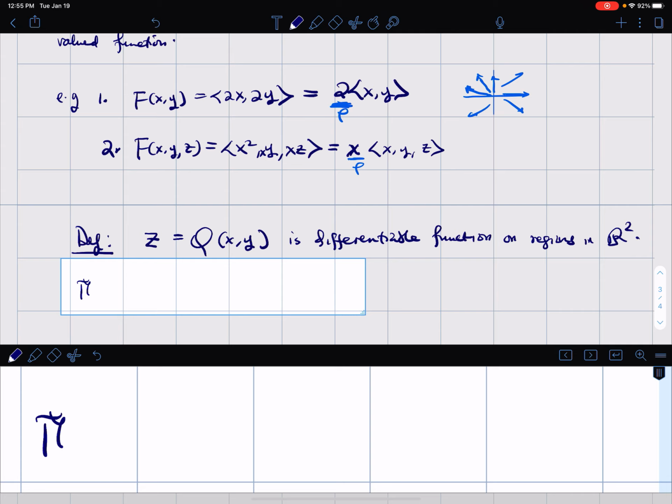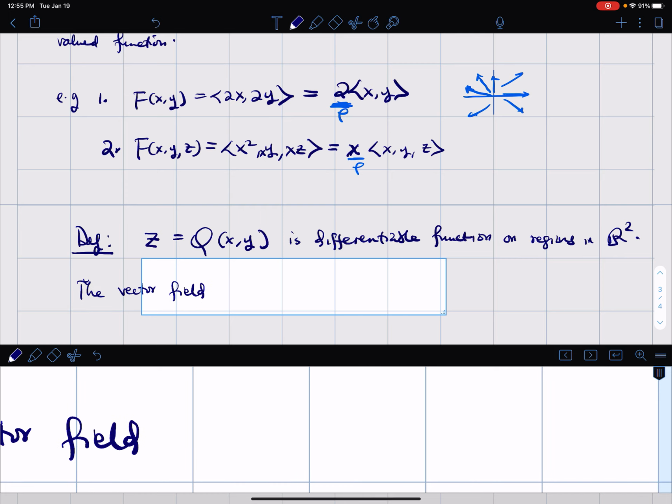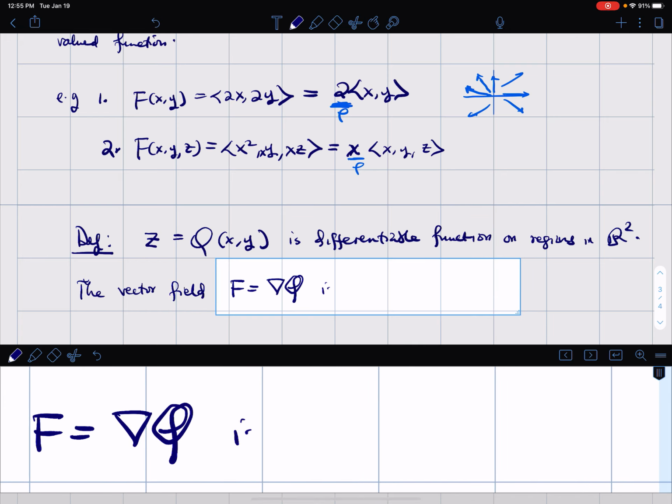So the vector field F such that F is the gradient of phi is called a gradient field.